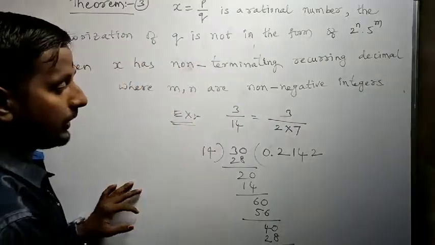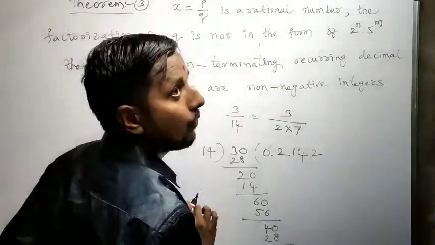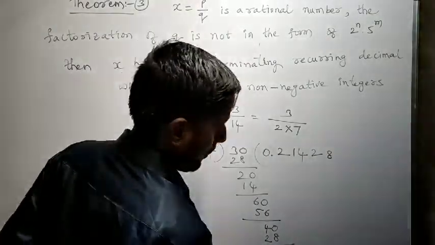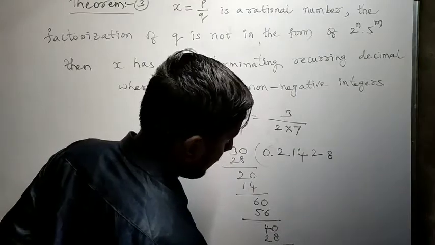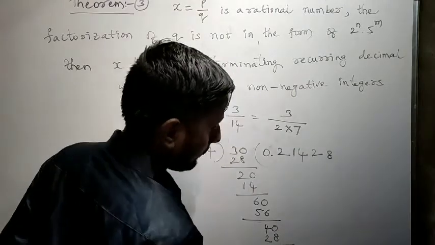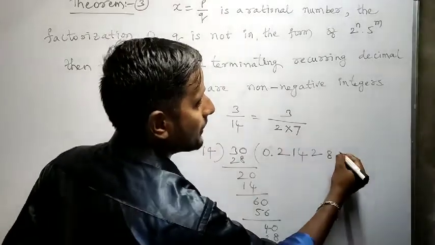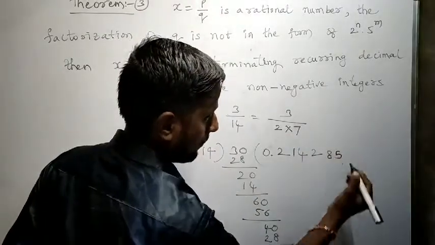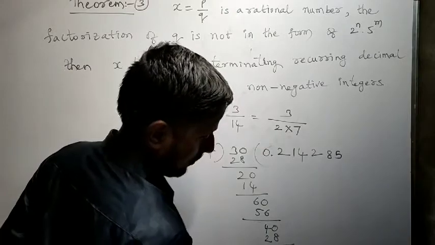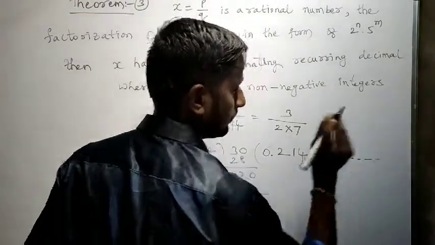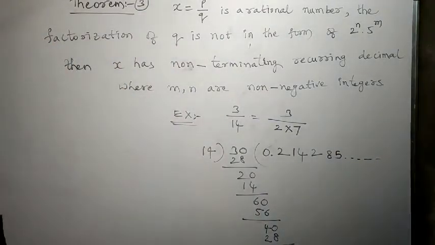Correct, 120. And 14 8s are 112. Again 8, 80. 14 5s are 70. Yeah, and so on.